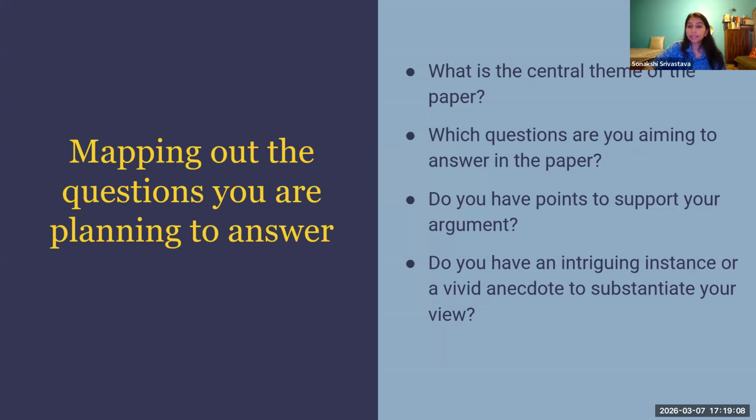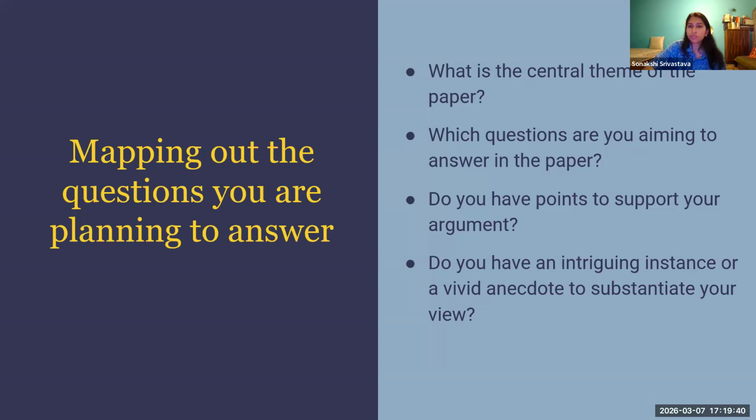Now, another interesting perspective to consider is, do you have an intriguing instance or a vivid anecdote to substantiate your view? Now, this is something that is also debatable in the sense that sometimes a research paper might consider your voice, in the sense where you can position yourself personally. If that is the case, then you can start your paper through an instance or through an anecdote.